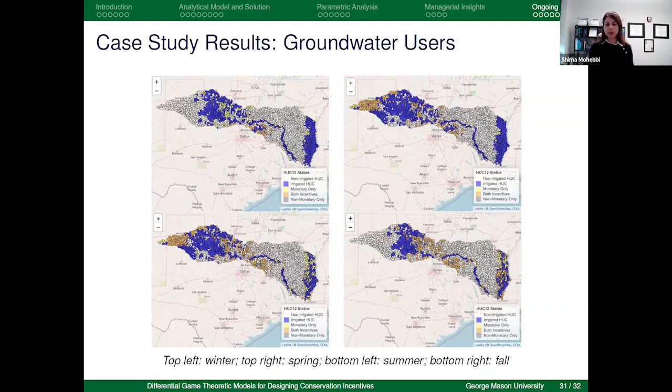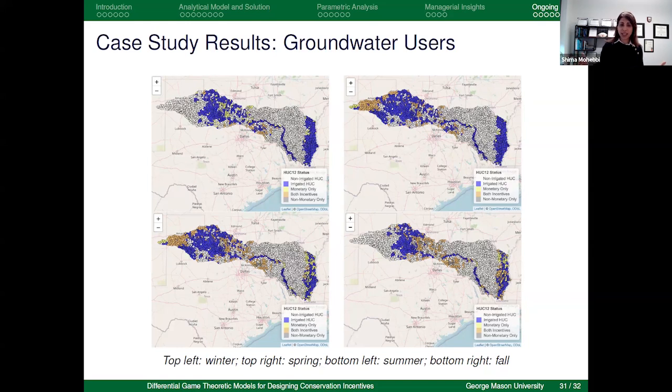Gray are farmers or water users expected to accept only the non-monetary incentives. And orange represents those which we expect to have both types of incentives.